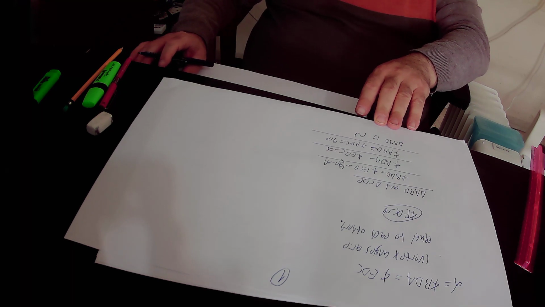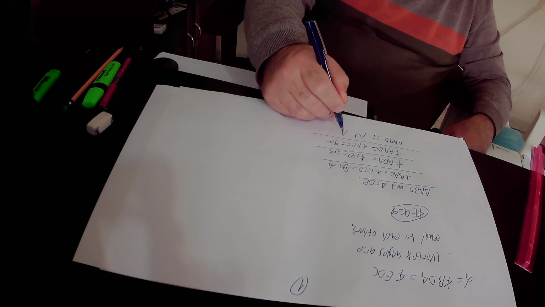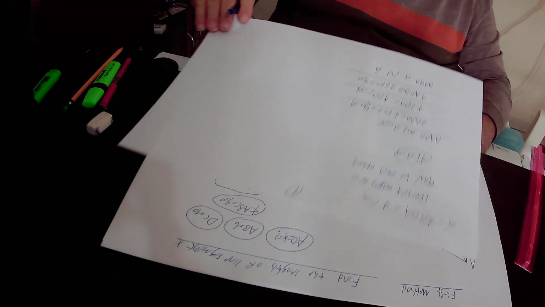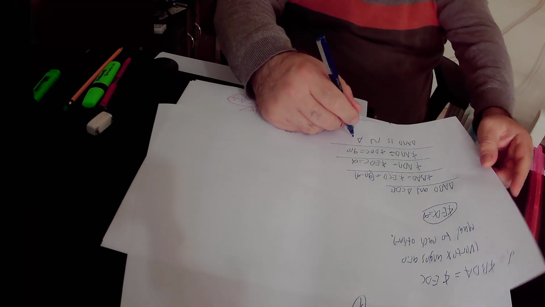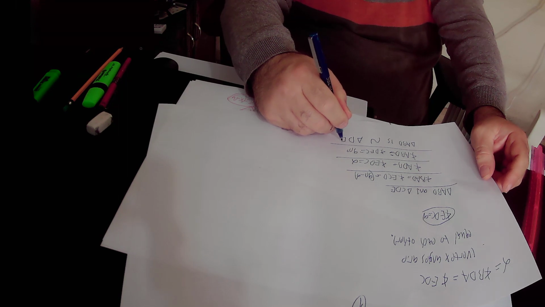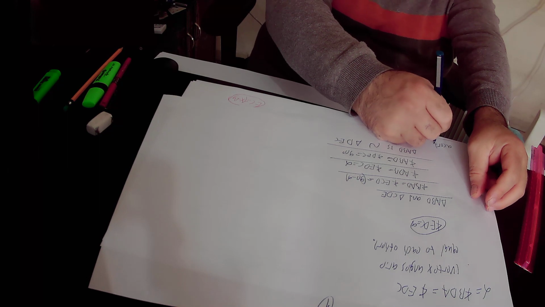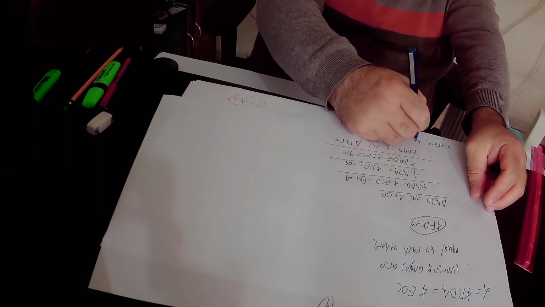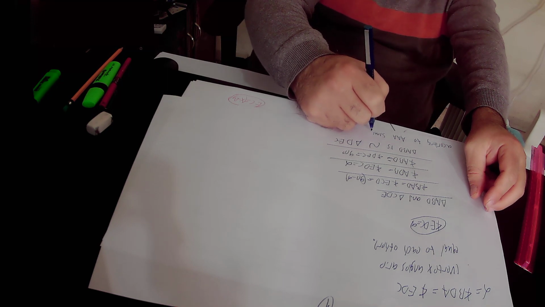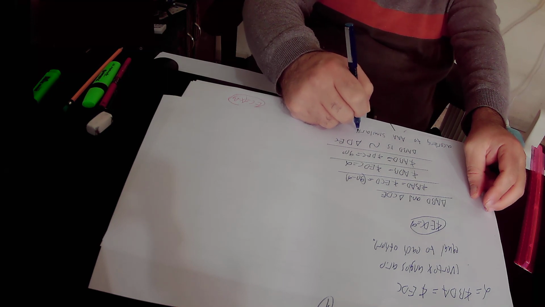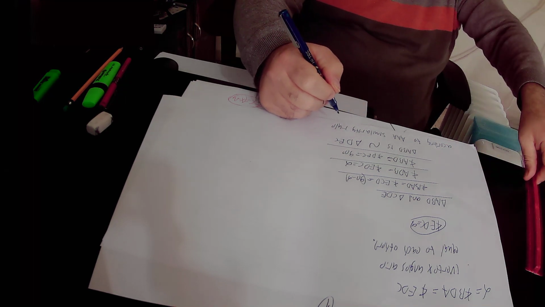The right triangle ABD is similar to the right triangle DEC, according to the angle similarity rule. Okay.